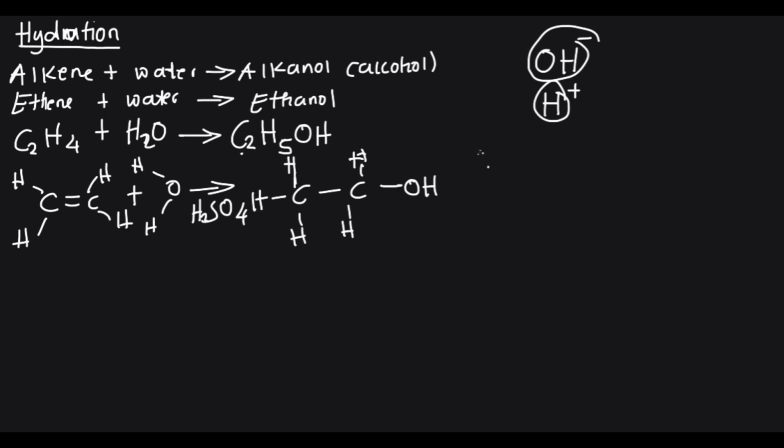Now, from there, we also have another addition chemical property. This time we'll look at halogenation. What is this halogenation? From the word halogenation, we can see that there is the word halogen.